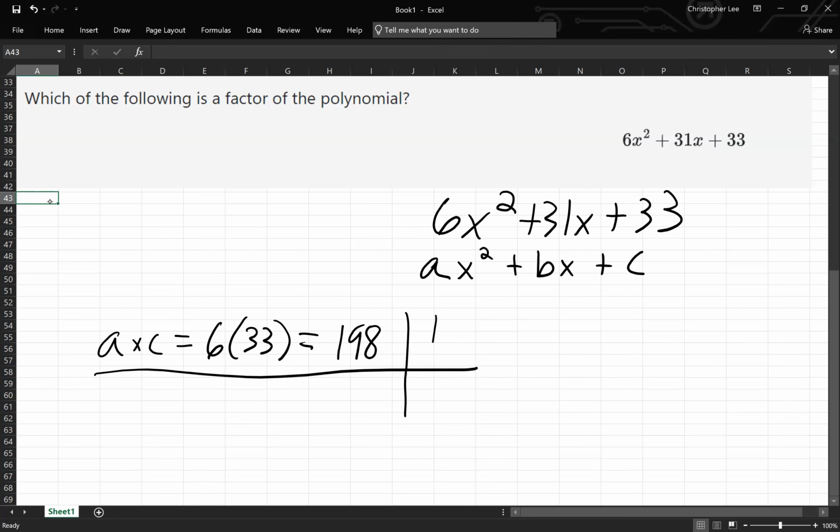And what's my b term? 31, right? So now I need two numbers that multiply to 198 but, excuse me, add together to give me 31. Right? So what do we think?